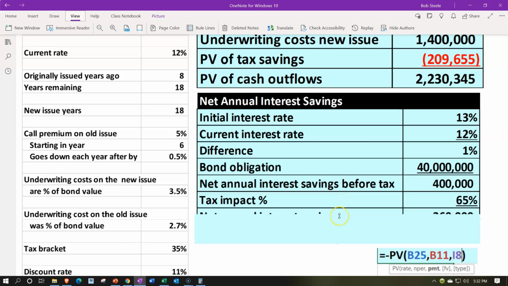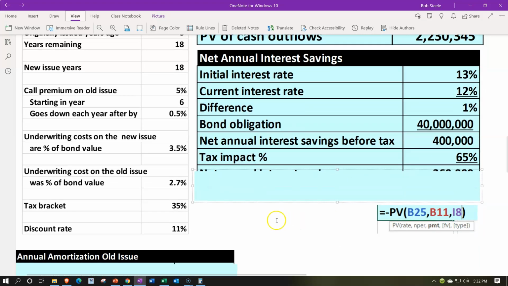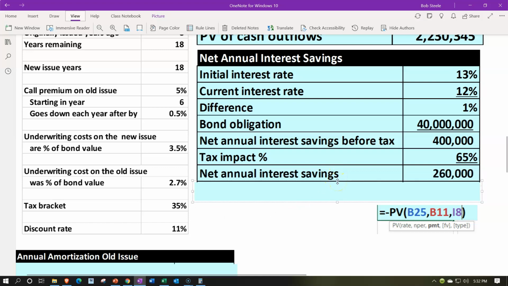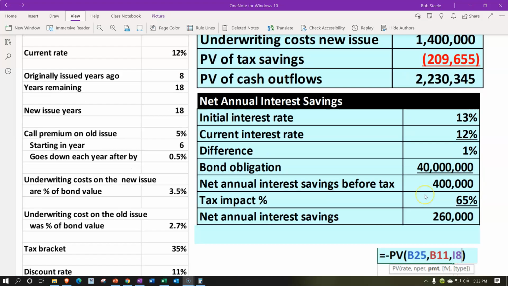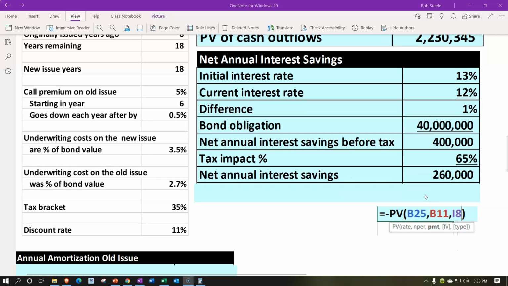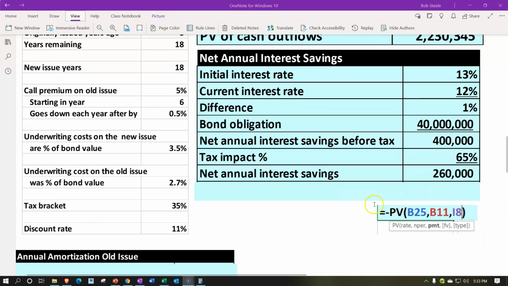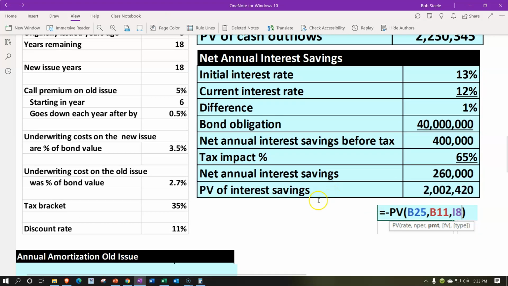Then there's going to be a tax impact, which once again is going to be 1 minus the 35%. That's going to give us the 260,000. So the 400,000 times the 65% gives us the net annual interest savings of 260,000. That's per year. Then we're going to do our present value calculation once again.